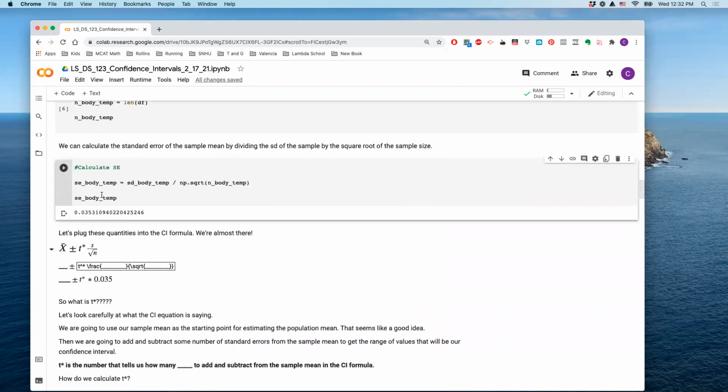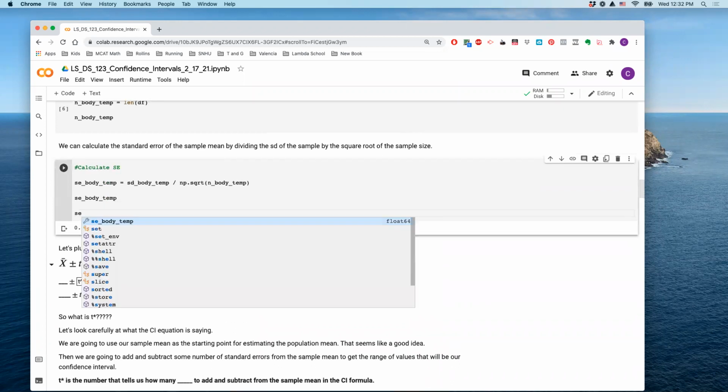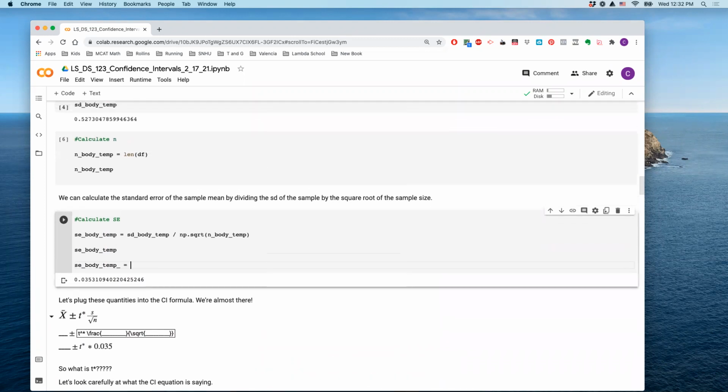All right, so we've got the standard error here, and just for fun, I'm going to do SE body temp with an extra underscore, and then we'll use that SEM function. So df body temp dot SEM.